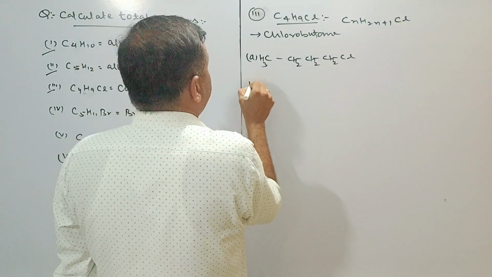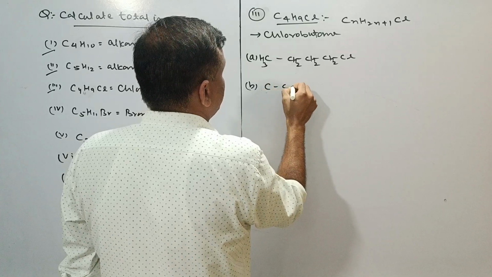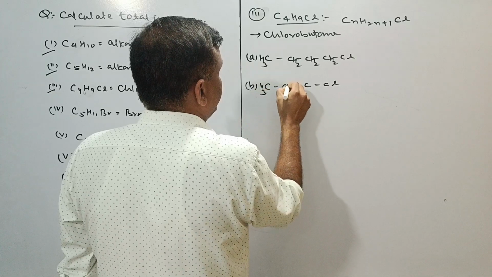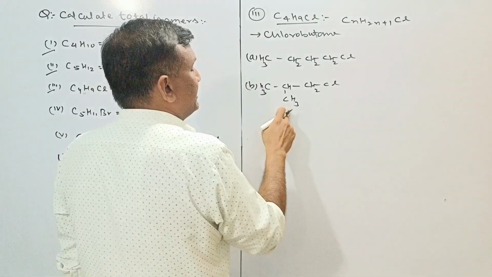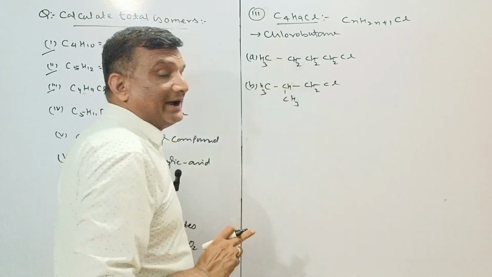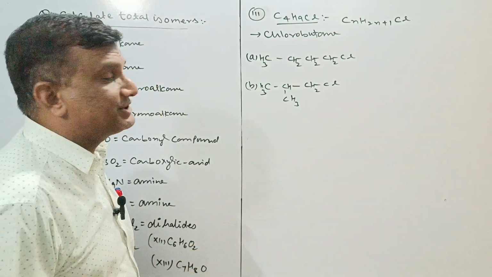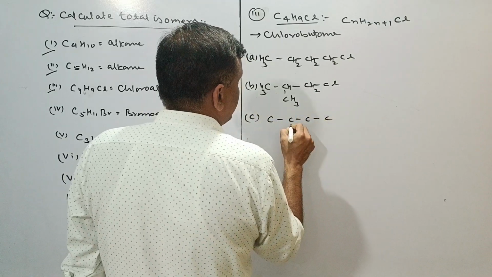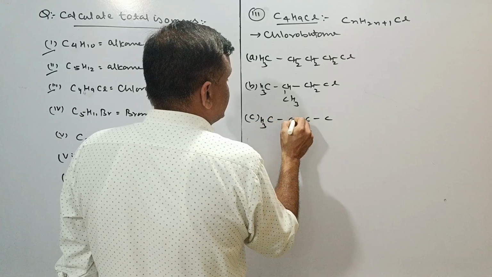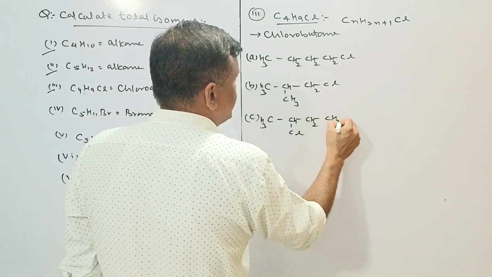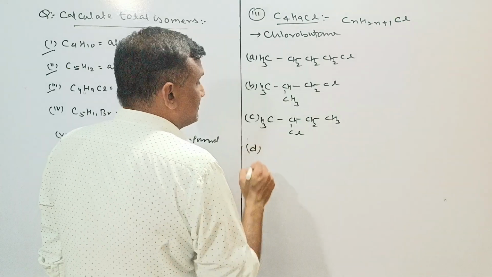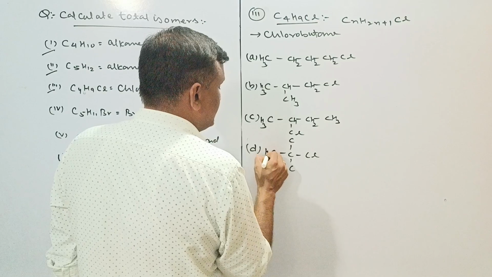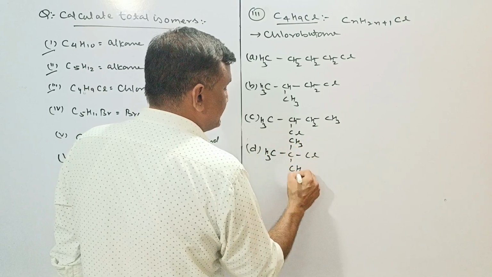Further, we'll go with the iso structure. Remaining carbons 3, 3, 1 and 2: 6 hydrogens and 3 gives 9 hydrogens, and 1 chlorine. So it is the iso structure. Further, the third is secondary, because here is the substituent, CH3, CHCl, CH2 and CH3, and the fourth is tertiary, which will be the isomer CH3, CCl, CH3 and CH3.